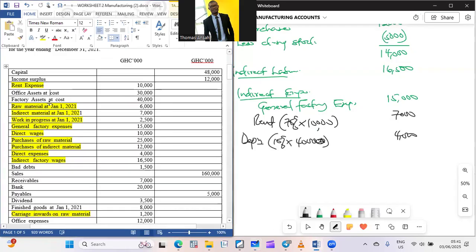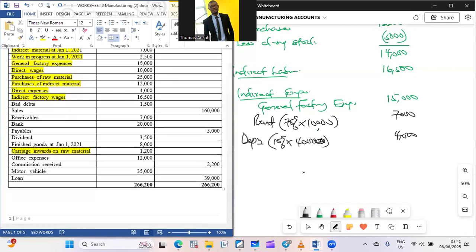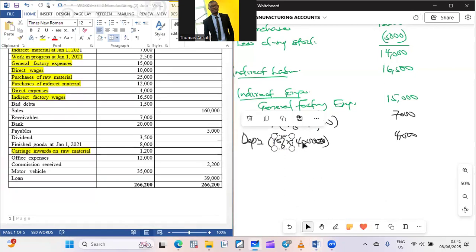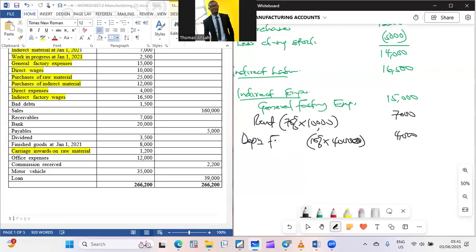Office asset will go to the other one, but we also have motor vehicle, which is also 10% of 35,000. But we were supposed to do half. And that was 1,750, right? We don't subtract, we are doing cost. So bear in mind that part too.